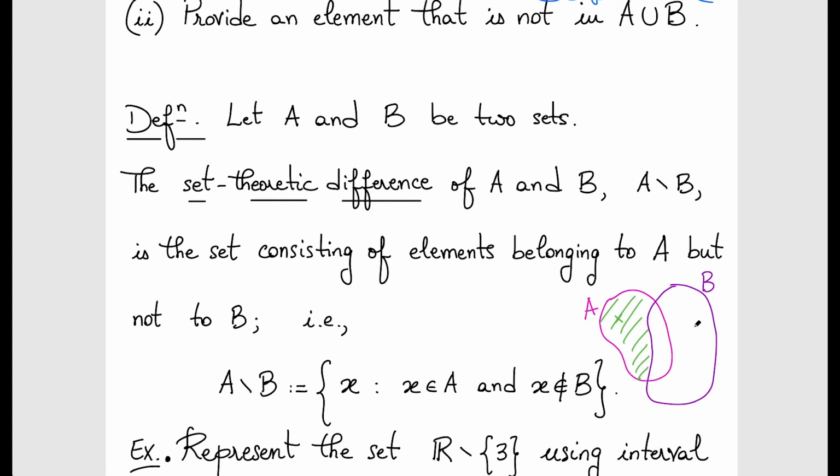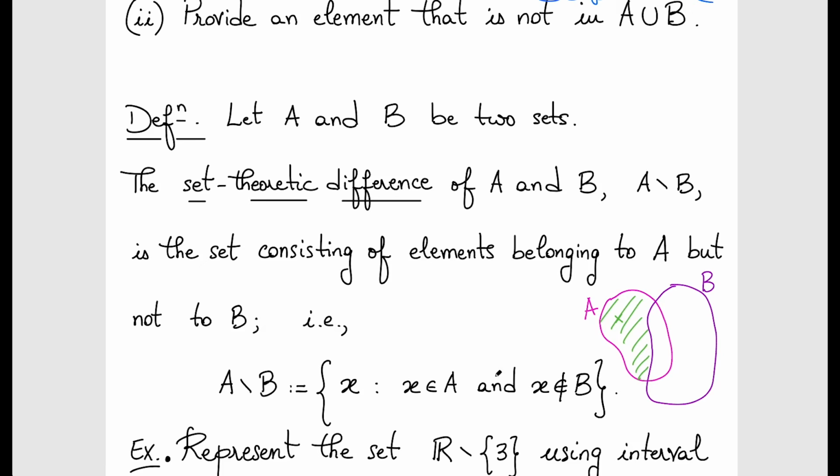How about this guy? Is this guy in A and not in B? Oh, certainly this guy is not even in A. Okay, so this guy is not part of the set theoretic difference.